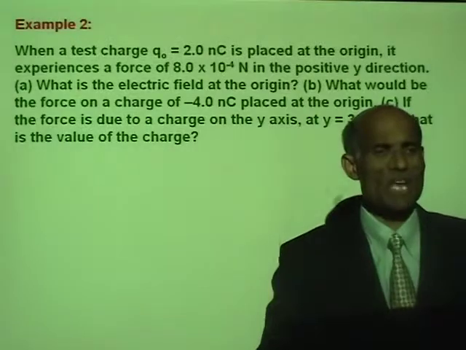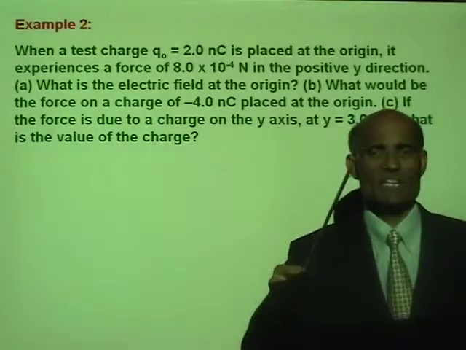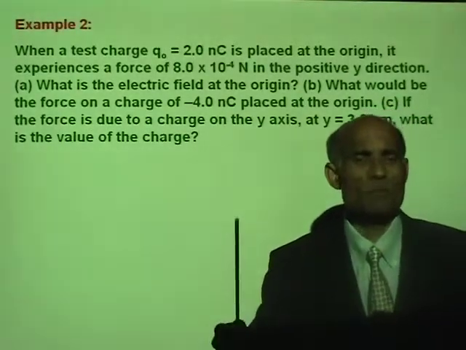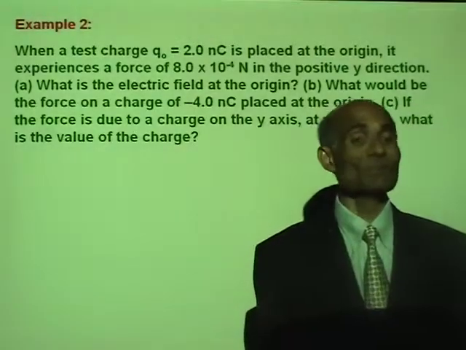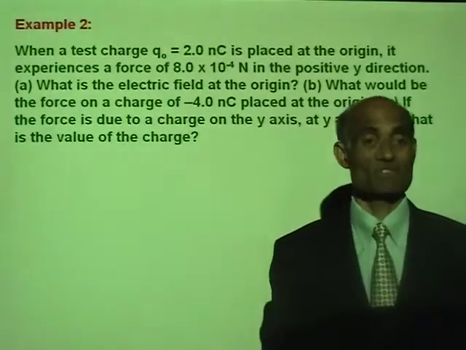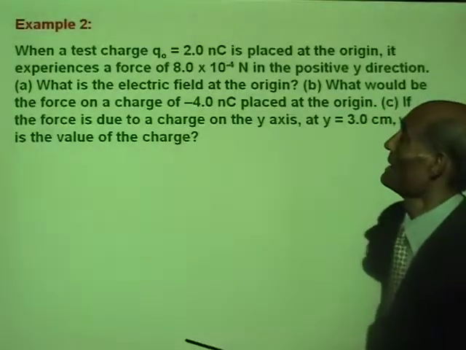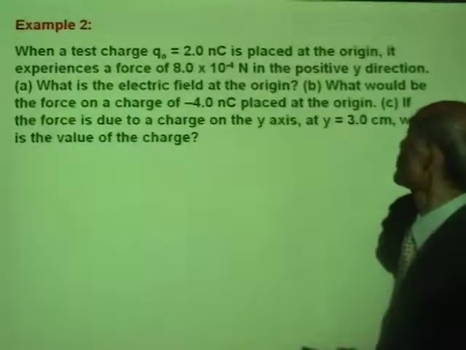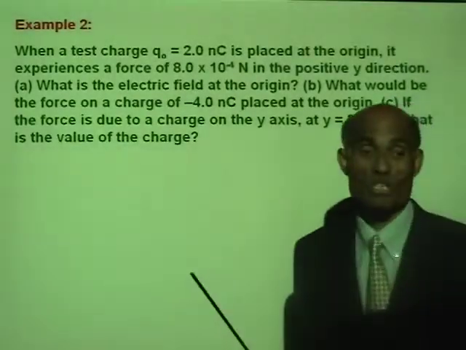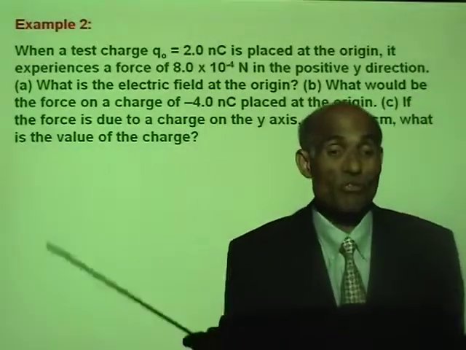Well, try and understand this problem and try and see if you can draw a picture of it. Once you are able to picture the problem, you can do it. So, what do we have here? When a test charge Q0 equal to 2 nanocoulomb is placed at the origin, it experiences a force.